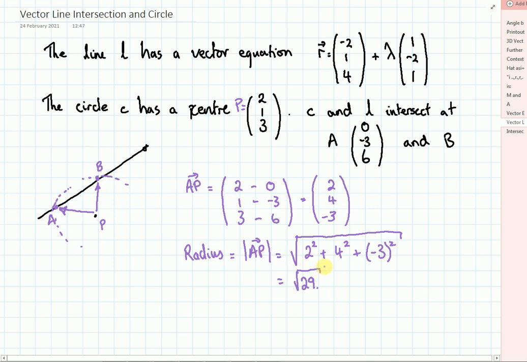Now what we need to do is find a vector equation using this that also has a radius of square root 29 for the other point along this line. So we're going to create a series of equations.